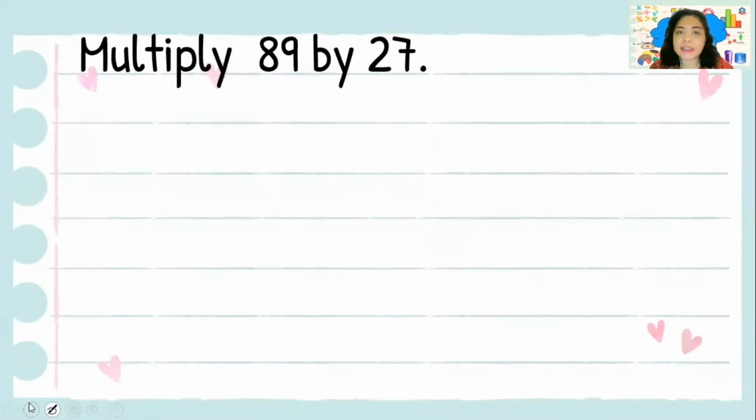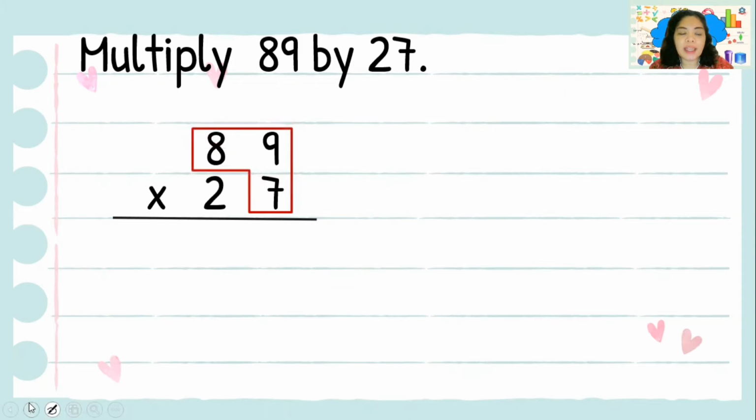I have here another problem. Let's multiply 89 by 27. Using the vertical form, let's multiply first 89 by 7. So 9 times 7 is 63. Let's rename 60. Next is 80 times 7, that is 560 plus 60, that is 620. So 89 times 7 is 623.